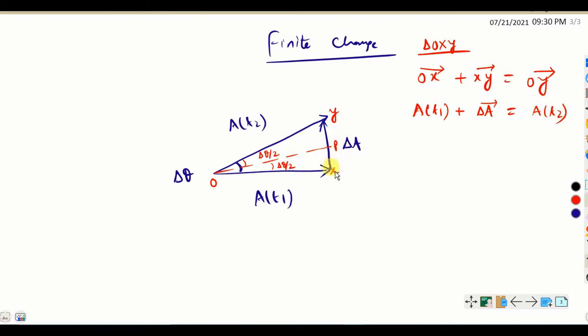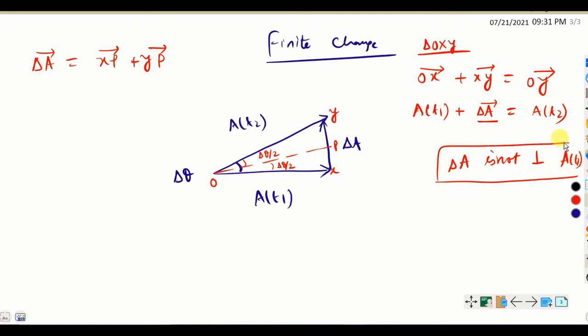Now here you can see that delta A consists of XP and PY. So delta A could be the XP vector plus the YP vector. Now delta A is not perpendicular to A1.